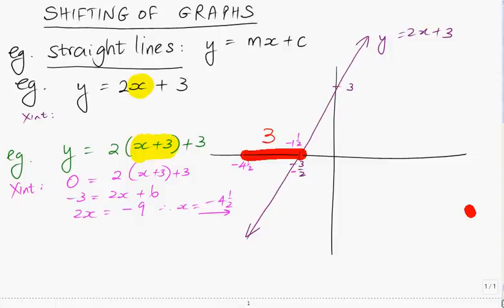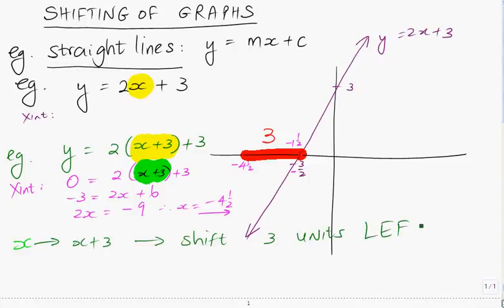So what this tells us is that when x becomes x plus 3, the graph undergoes a shift that is 3 units to the left. You would expect it to move to the right because you see a plus 3 there. However, in actual fact, it moves to the left. So keep this in mind. It's a general principle: if the x value becomes x plus something, the graph moves to the left.